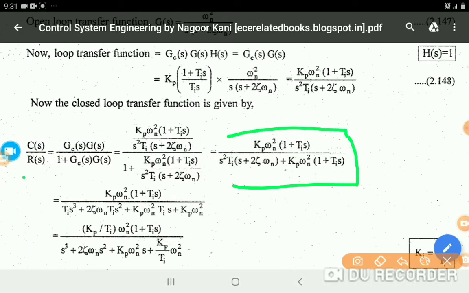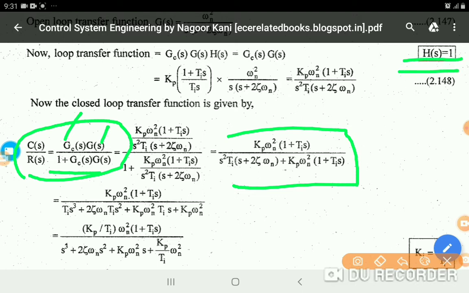Now we are going to find C of s by R of s. C of s by R of s equals G of s by 1 plus G of s H of s. Negative feedback elimination we already saw. Here it becomes Gc of s G of s, that is what the gain is, divided by 1 plus Gc of s G of s. What should be H of s? H of s is already 1.